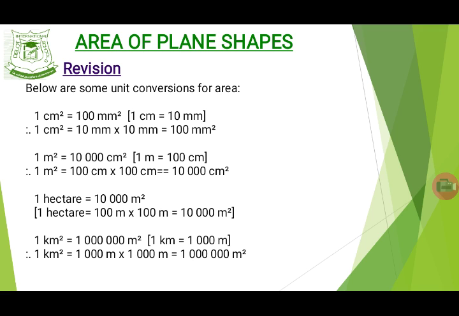So you just do length times length, or you say length squared. And for the parallelogram, remember we said that the area of a parallelogram is the base times the height. That is basically what the parallelogram is all about.